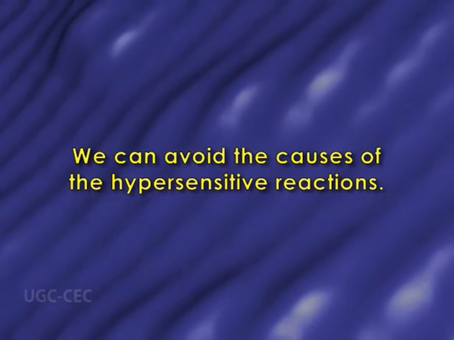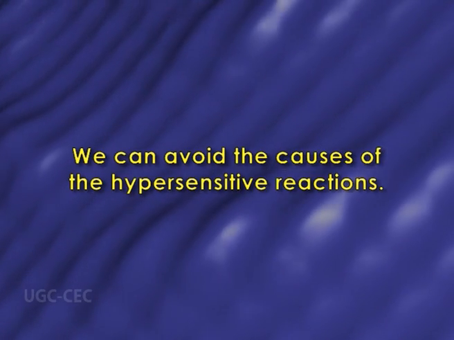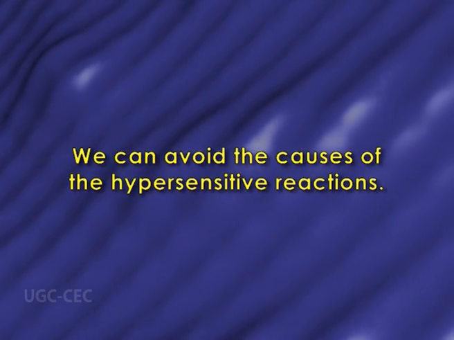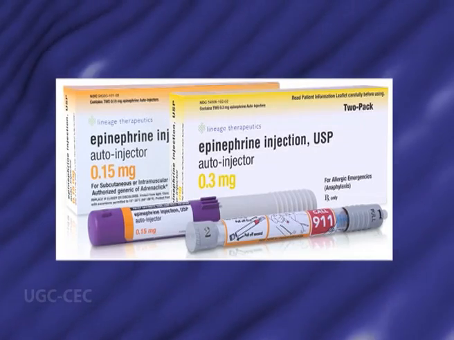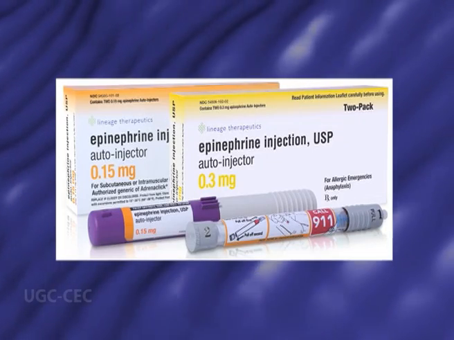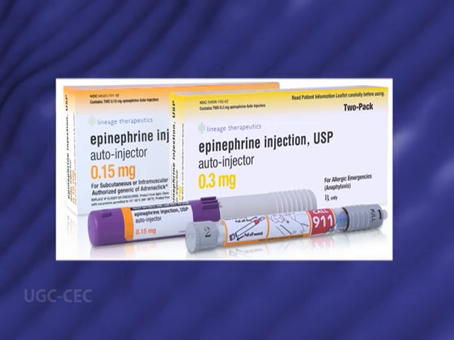We also studied the mechanism of action of each type of hypersensitivity, and we can avoid the causes of the hypersensitive reactions. Like in case of allergy, if it is a systemic one, then we have to administer epinephrine, that is the medicine of choice.